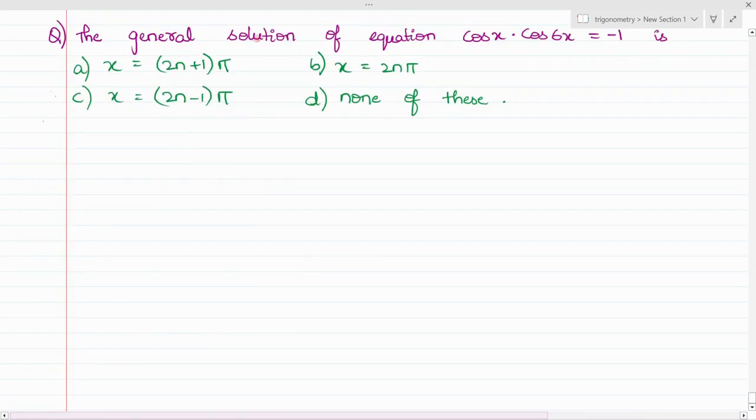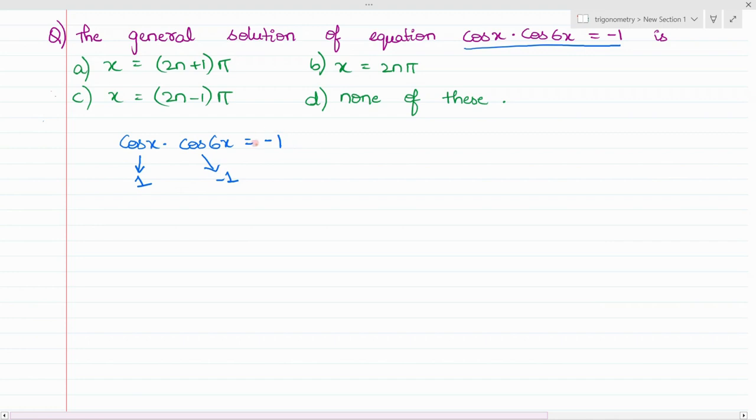Next question is, we need to find the general solution of the equation cos x into cos 6x is equal to minus 1. So if you observe, how many cases will this equation have? There will be only two possible cases. That is, if cos x is 1, then cos 6x will be minus 1.